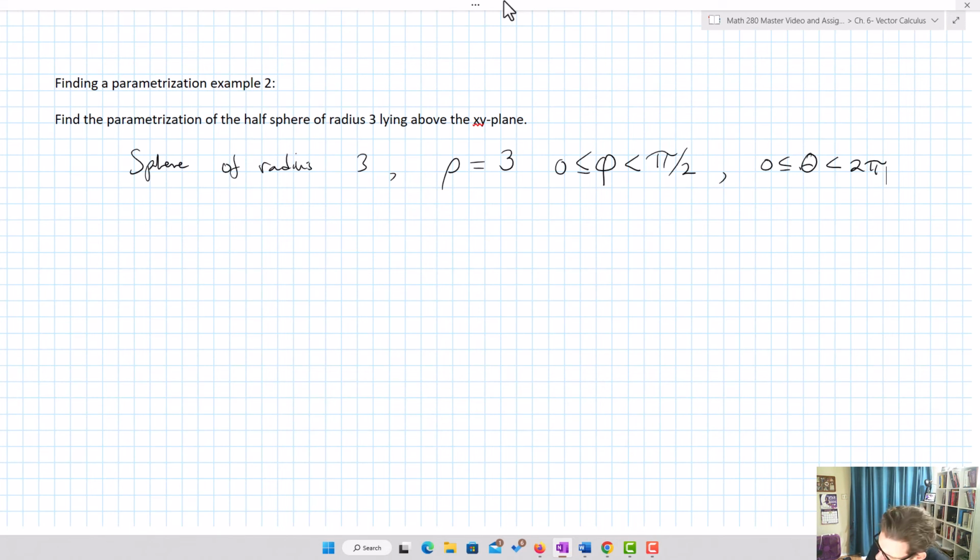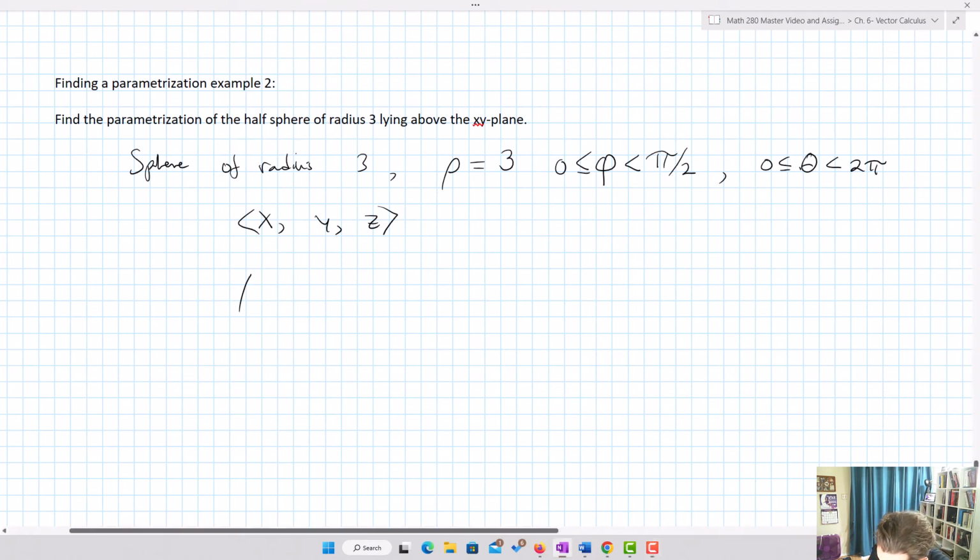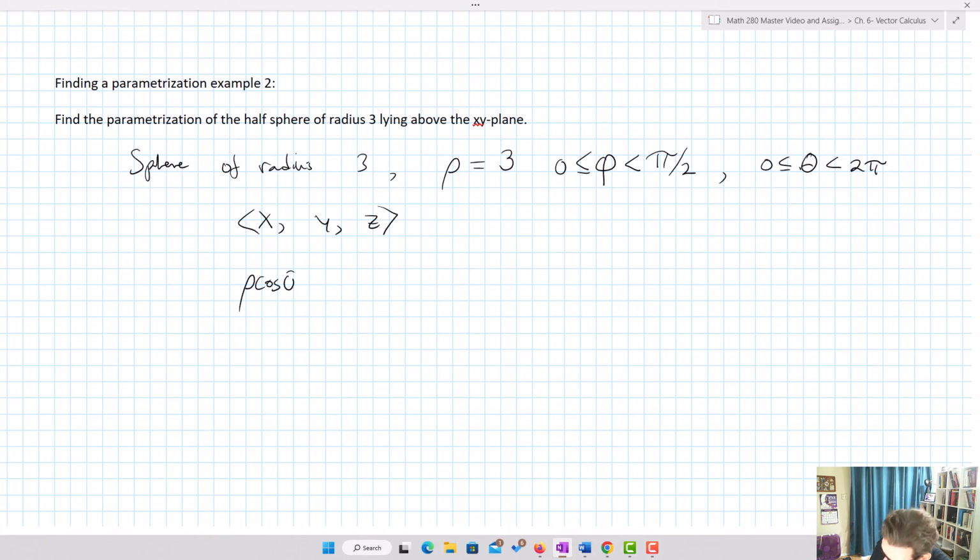Now, remember we've got x, y, z. That's our equation. So we're going to substitute in our spherical coordinates for x, y, and z. So we're going to get rho cosine theta sine phi, rho sine theta sine phi, and rho cosine phi. We know what rho is. Rho is going to end up equaling 3.